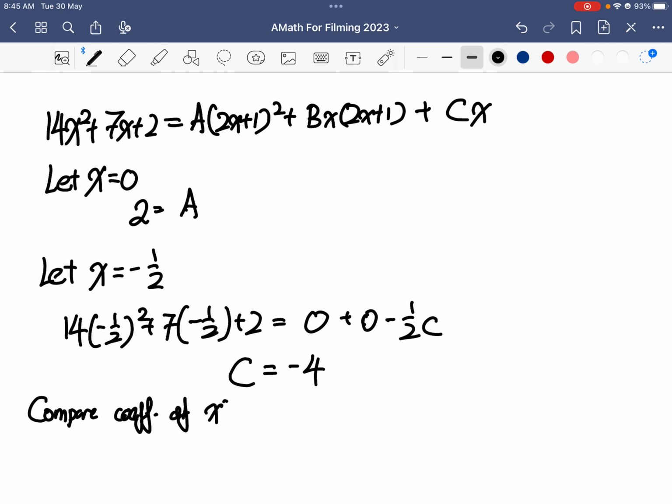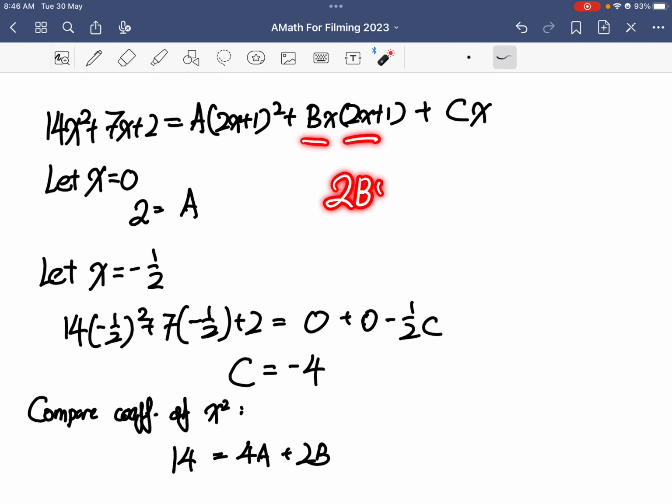So I'll compare coefficients of x squared, just to jog your memory a bit. From the left-hand side, x squared gives you 14. Then 2x squared will give you 4x squared, so you multiply in the a, and the coefficient of x squared gives you 4a plus 2b.